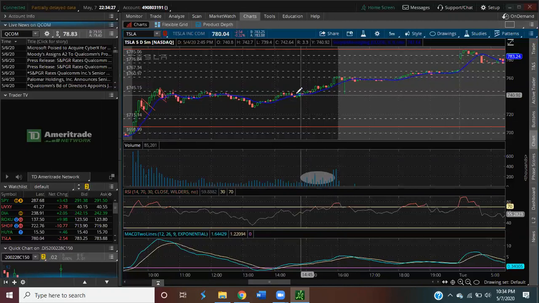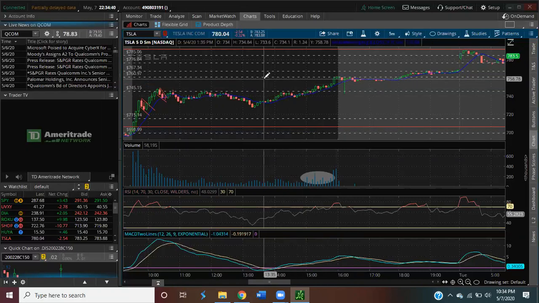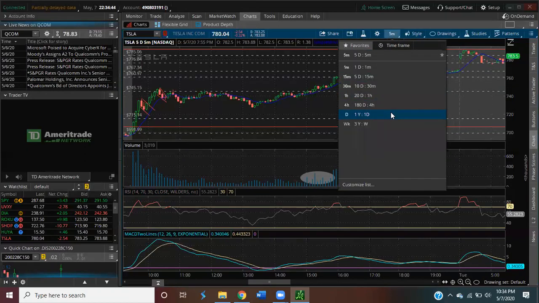Let's see where you could have rolled Tesla up right here. Like I said, when things run up, they're going to push to the next resistance, or if it breaks, it's going to push to the next support. So it pushed up to 760.97.